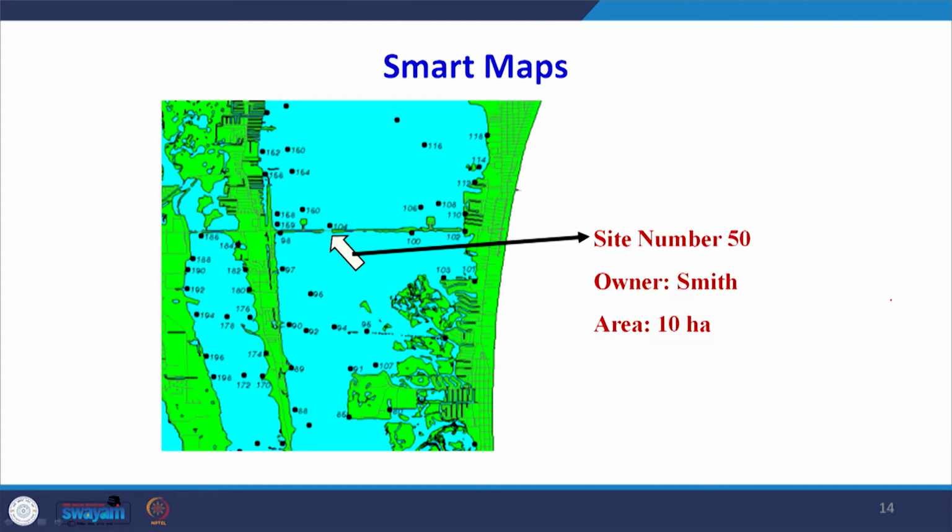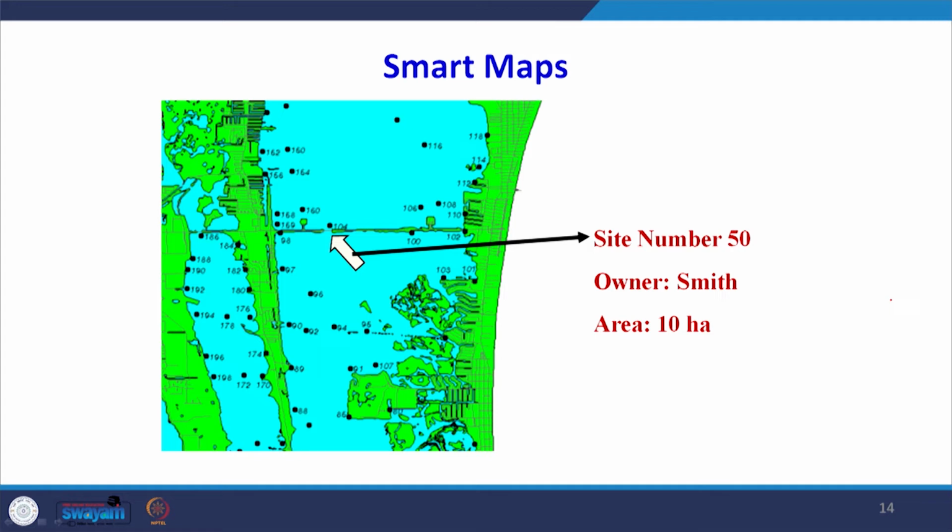But what are smart maps? The smart maps are those maps where I have linked information to the different points. I have linked the information to point features, to line features, to area features which I am showing on the map. So smart maps are interactive maps.